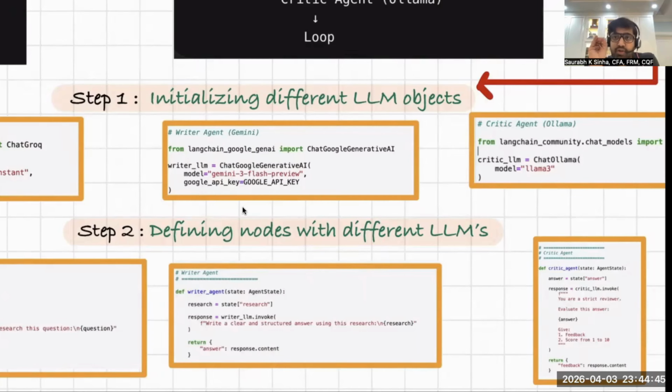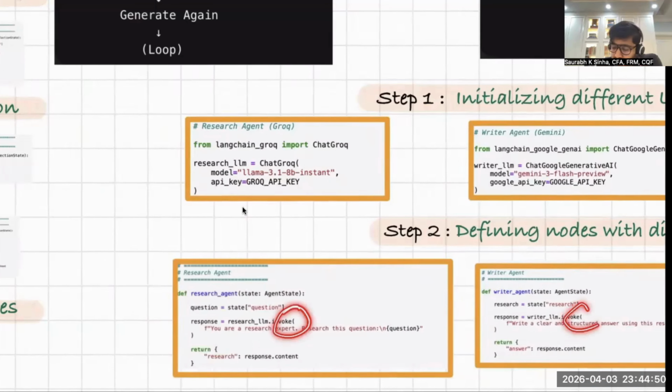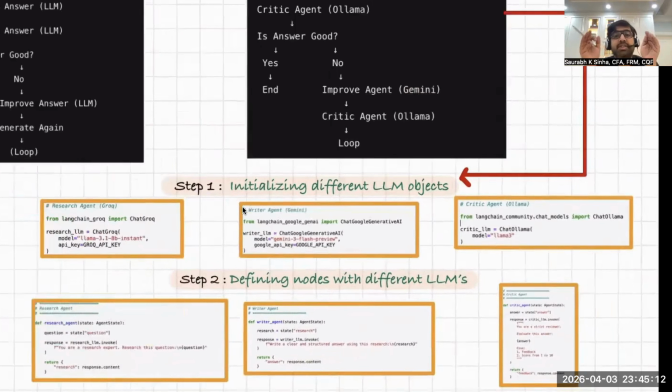It is a function of LangChain, not LangGraph. So remember both points: you need LangChain classes and the LangChain function for invoking or initializing your large language model. Now, each agent will perform its own specialized task, and that is the key difference between a reflection agent and a multi-agent system.